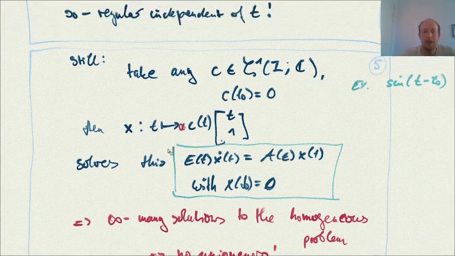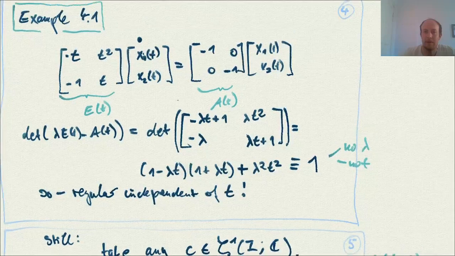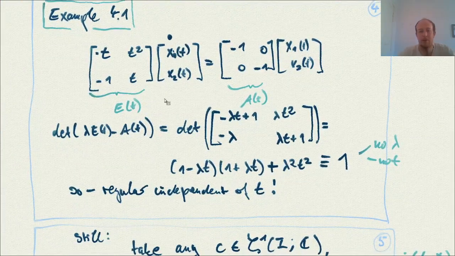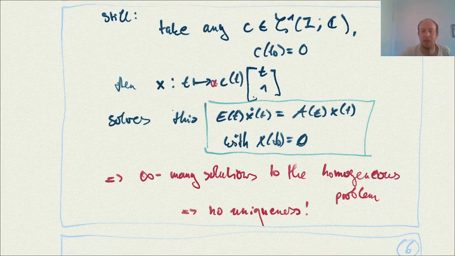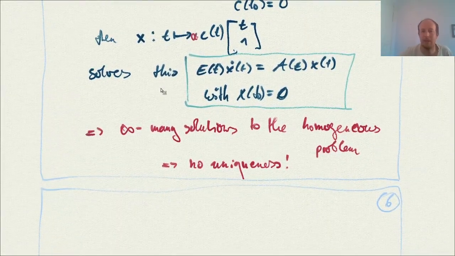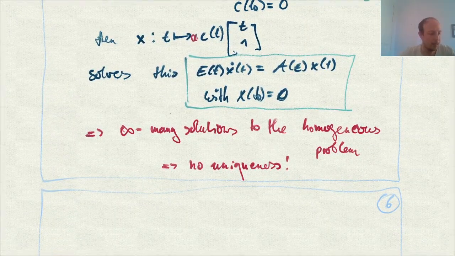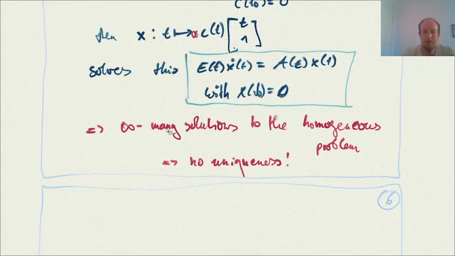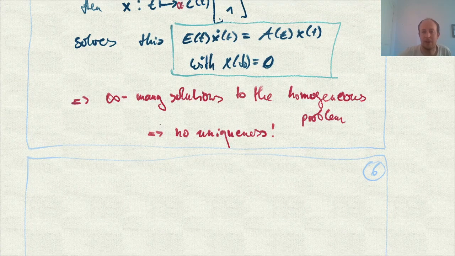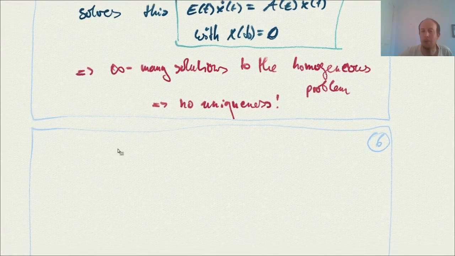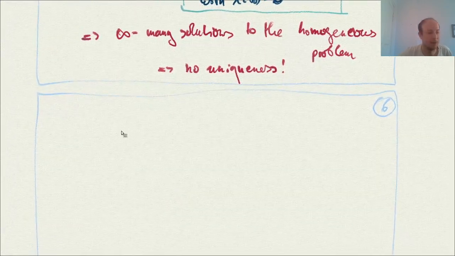Okay, so this is an example where this pair of matrix functions seems perfectly regular, but well, there are infinitely many solutions to that. And even worse, next we will have an example where the matrix function seems to be singular in a very bad sense, so that it's nowhere regular. And still we will see there is a unique solution to that.